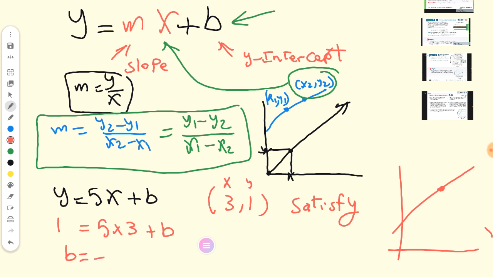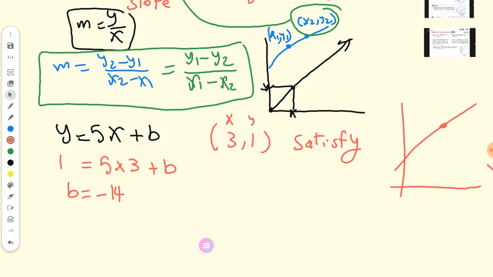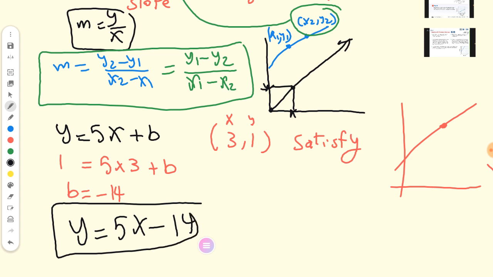B equals negative 14. So I can write the equation in this form: y equals 5x minus 14, with the y-intercept negative 14. So how can I find m and how can I find b? By these two ways.